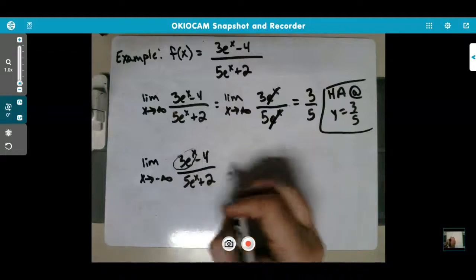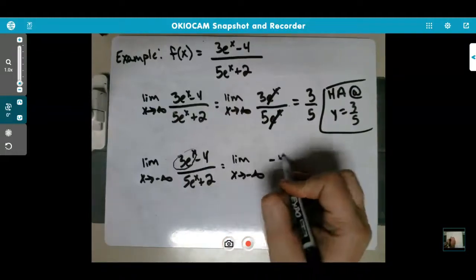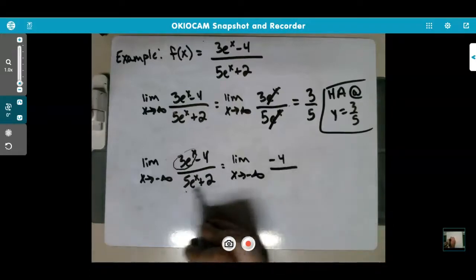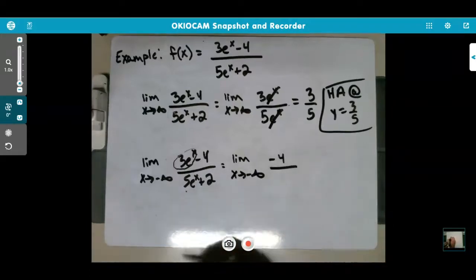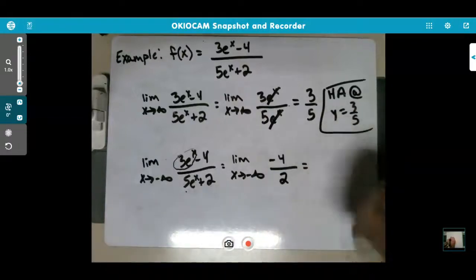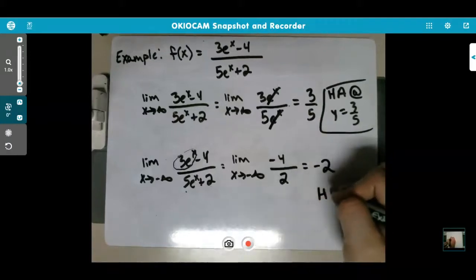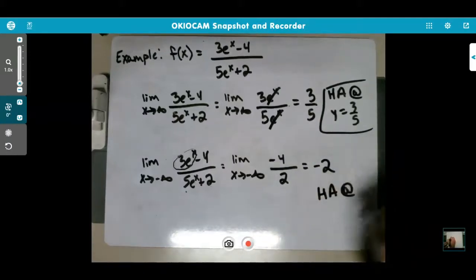So my larger term on the numerator is negative 4 now. Over the bottom, do the same thing. My largest term is going to be 2, so over 2. Negative 4 over 2 is negative 2. So on the left side, we have a horizontal asymptote, but this time it's at y equals negative 2.